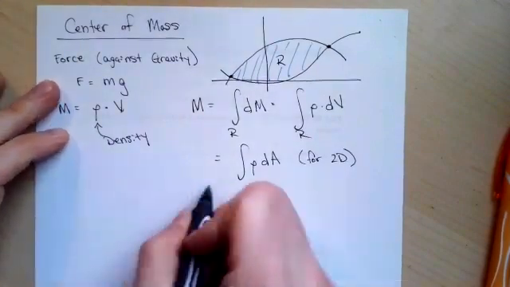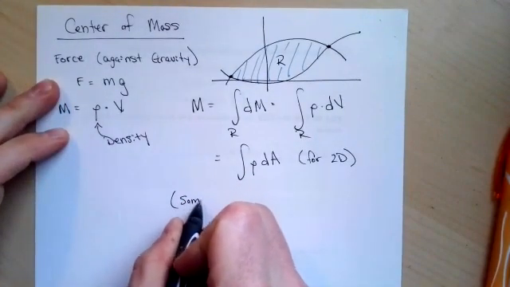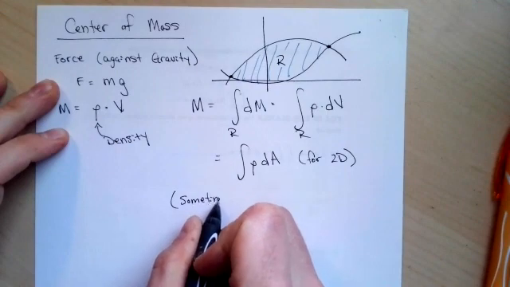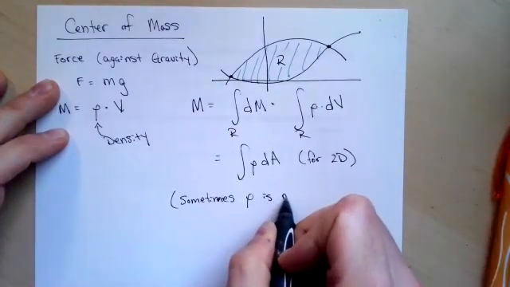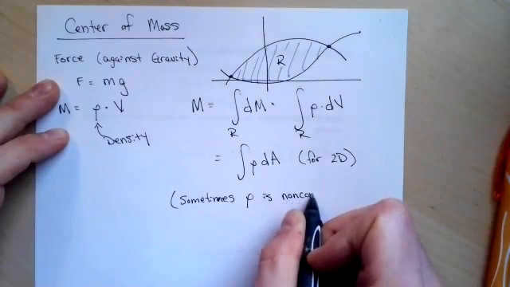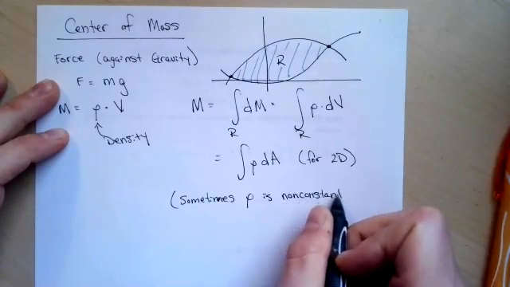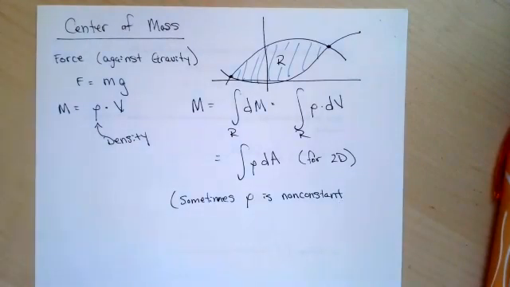Now, sometimes rho is non-constant. In the last problem, what we saw in all the other problems, the density of water is constant. The density of this rope that we had, we assumed was uniform throughout.